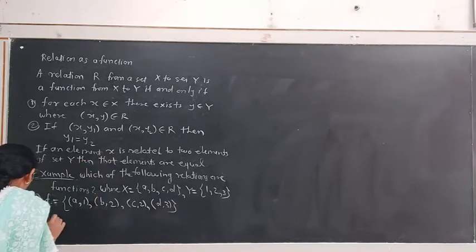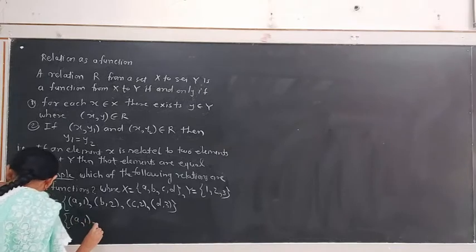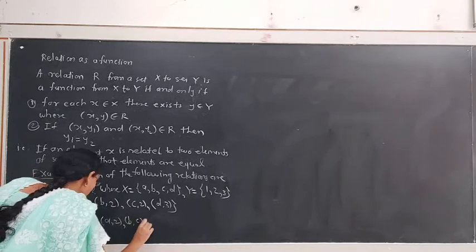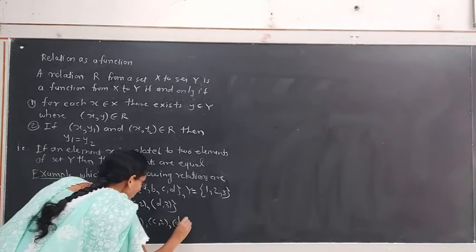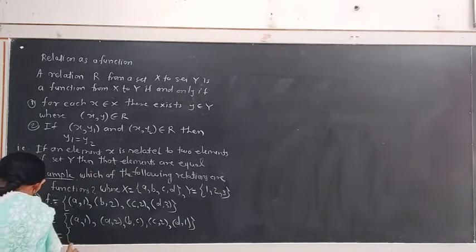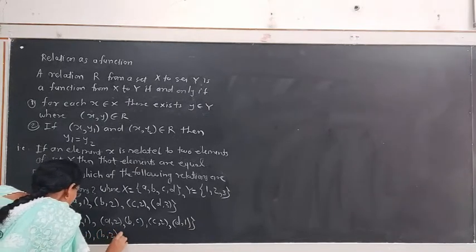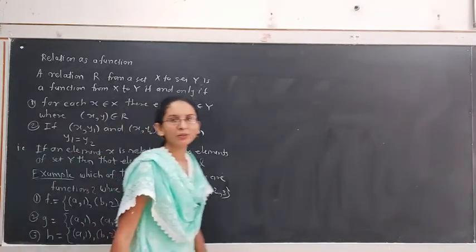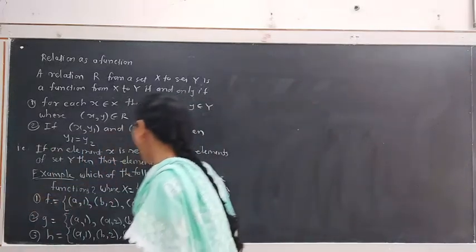Second, relation G is defined by ordered pairs (a,1), (a,2), (b,3), (c,2), (d,1). And third, function H is given as ordered pairs (a,1), (b,2), (c,3). Then we determine which of the given relations are functions from the set X to the set Y.